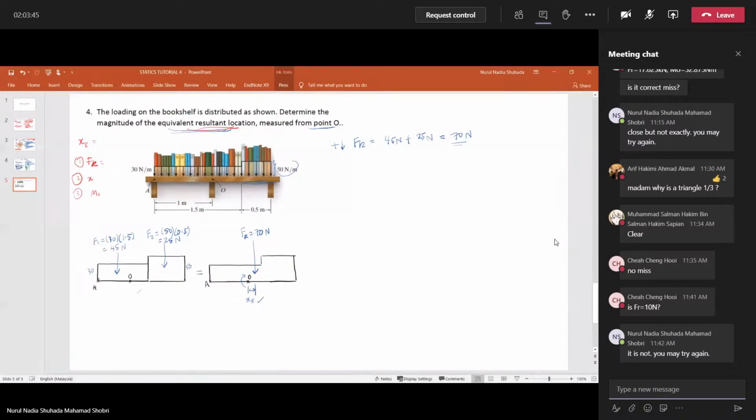Before we can do that, you have to find the x values here, x1 and x2. Why do I make it the distance from the point O? Because it's mentioned in the question. It's not from point A, so the distance should be from point O. Okay.